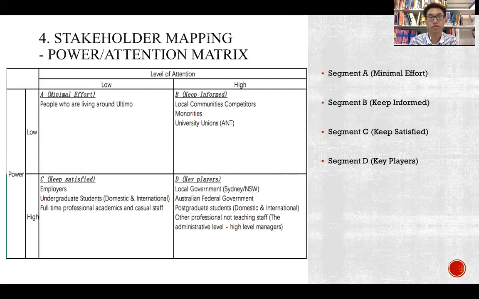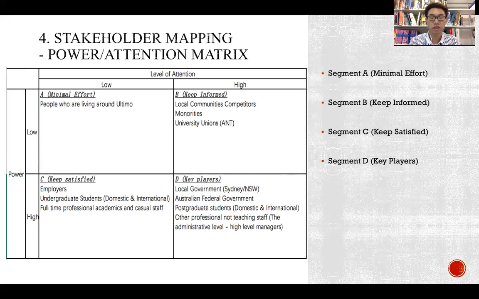Employers, undergraduate students, full-time professional academics, and casual staff could be kept informed first because they are more passive than segment D stakeholders. However, if some issues happen that are highly relevant to them, they would pay high-level attention and influence UTS decision making. They could be repositioned into segment D at that time.